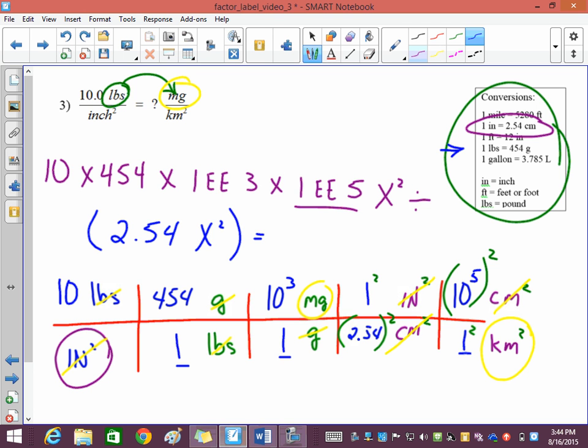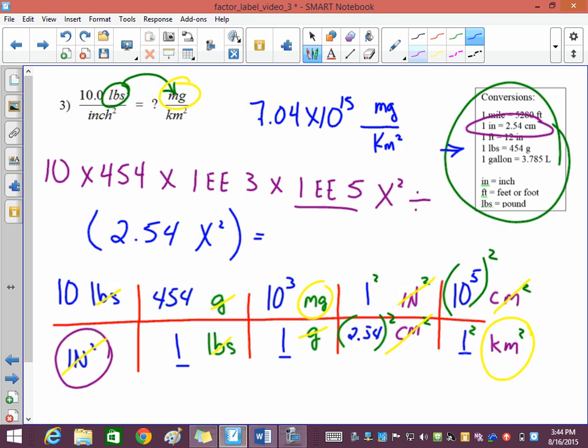And when you type all that in, you should get 7.04 times 10 to the positive 15, which is in milligrams per kilometer squared. Okay. There's a lot going on there, but this is how you earn a lot of your points.